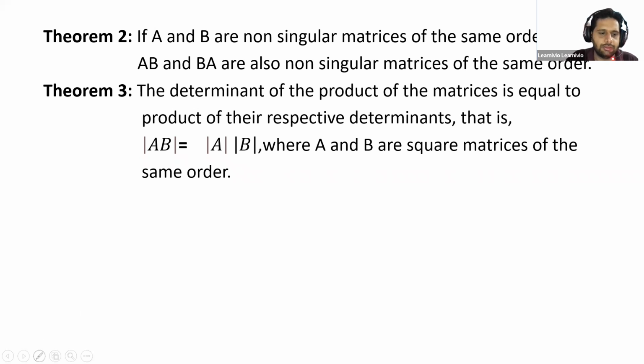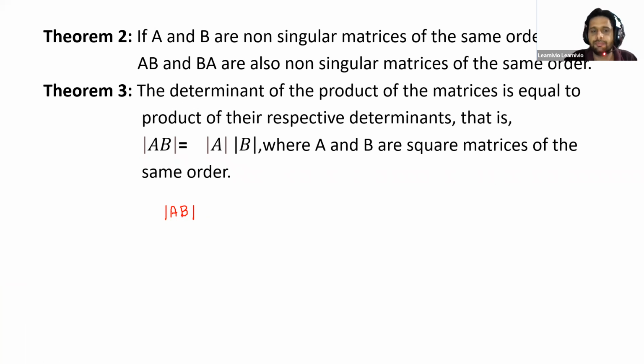So what does this mean? Just give me a minute. This means if you have two square matrices, and you are multiplying these two, and you are finding the determinant of the multiplication.